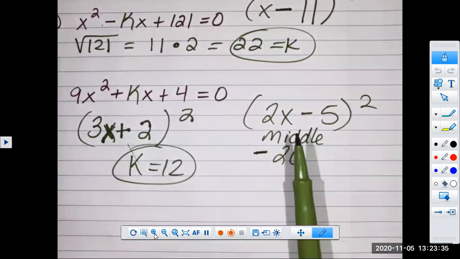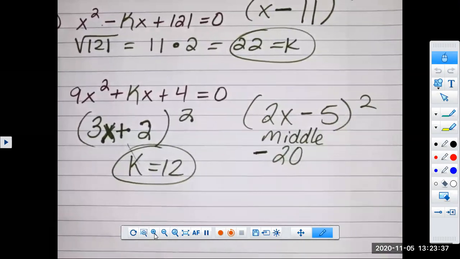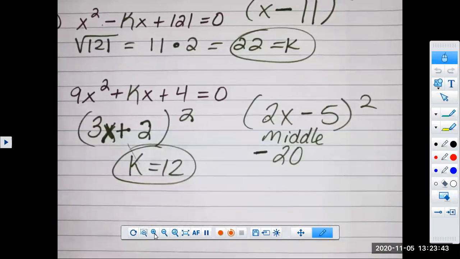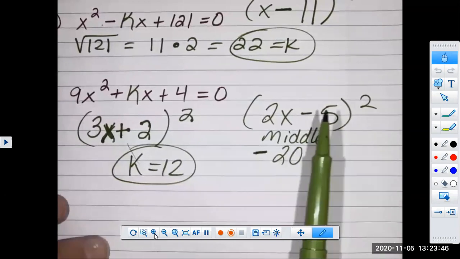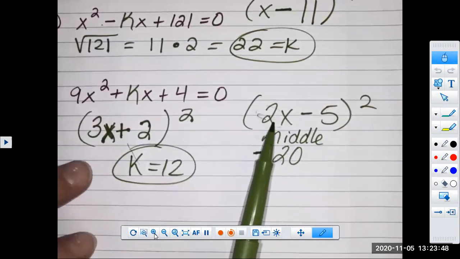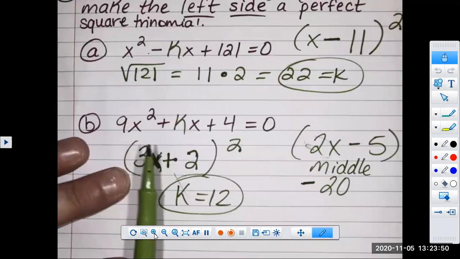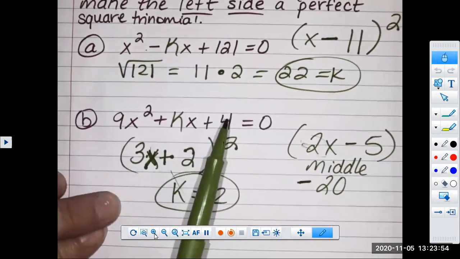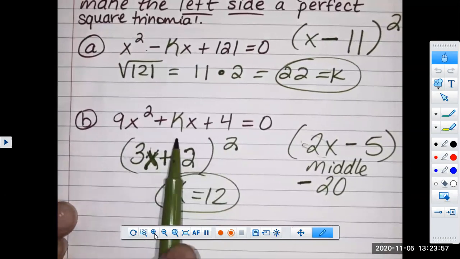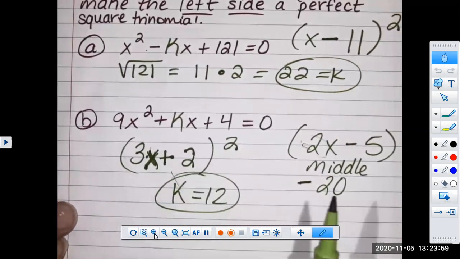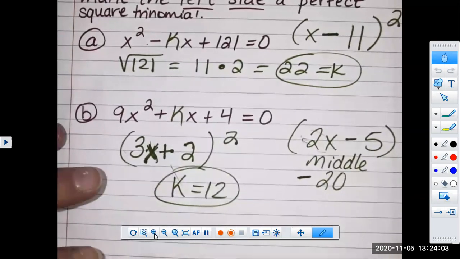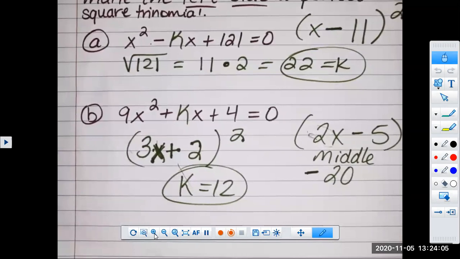That's actually a way, and I'm kind of telling you too much, but instead of doing the FOIL method, writing this out one more time, you could just square the first term. So here, I could just square 3x and get 9x squared. I could square the last term, and I could multiply everything inside and double it to get 12x. So anyway, that's for another day.